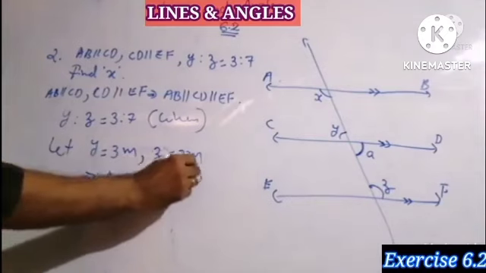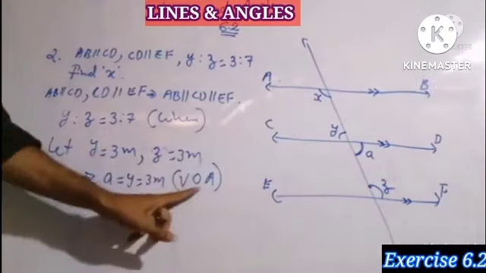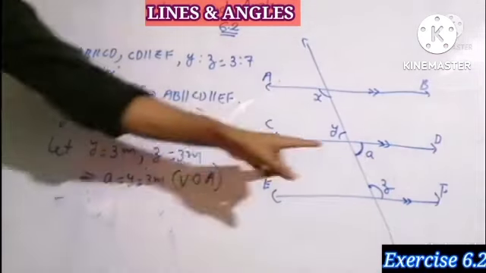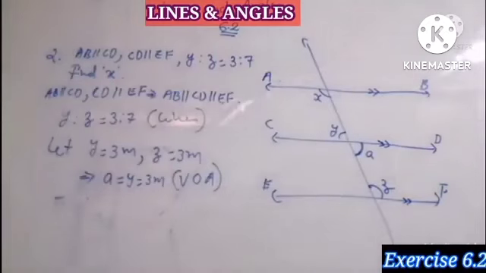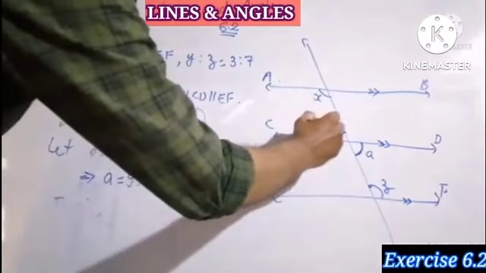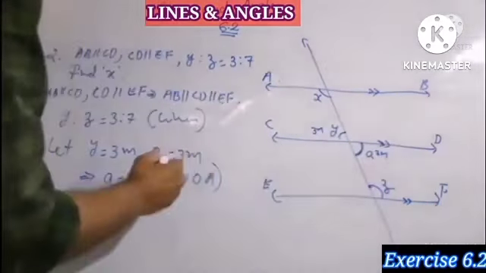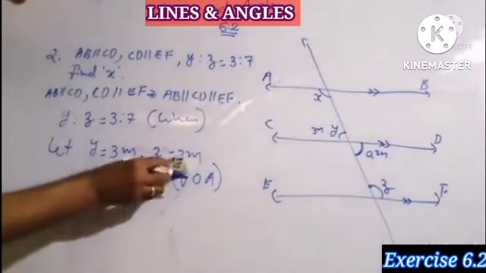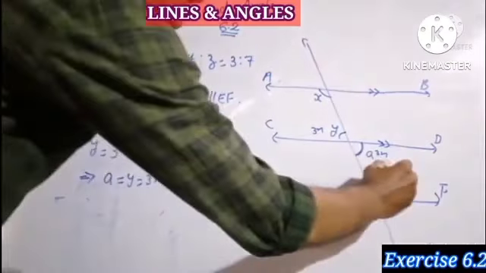Reason: vertically opposite angles. We know that vertically opposite angles are equal. So this is 3m, this is also 3m, and z is 7m.